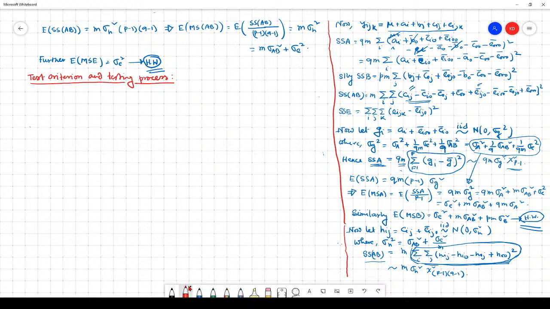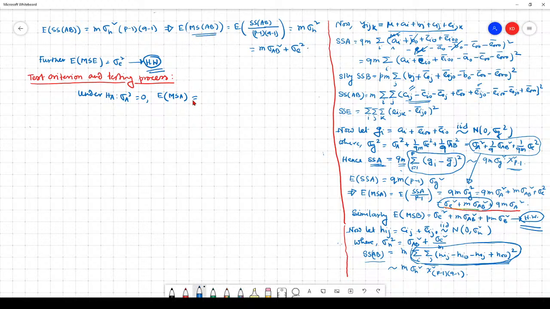Under HA, sigma square equal to 0, then we see that expectation of MSA, look at this expression, equal to, since sigma square is 0, so this is nothing but expectation of MSAB.